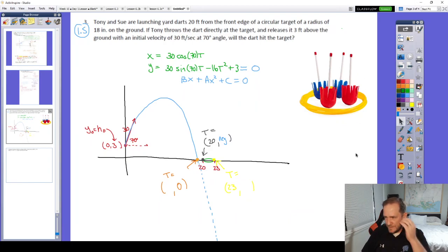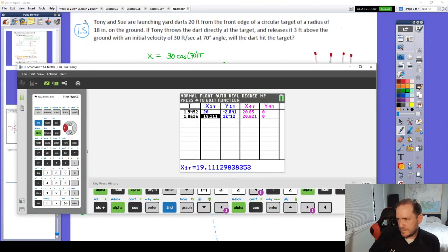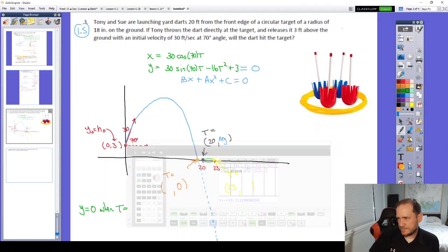So I'm going to write my little summarizing sentence that way. I'm going to say, y equals 0 when t equals 1.863.